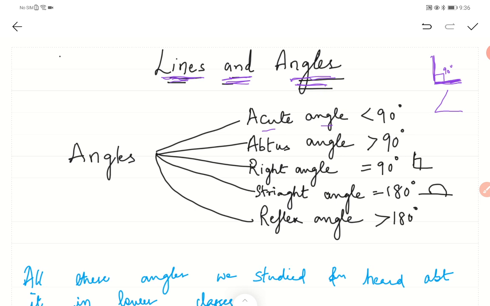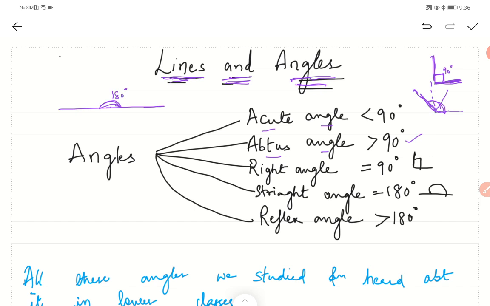And if it is greater than 90 degrees, you call this an obtuse angle. A right angle is exactly 90 degrees. And if you have a straight line and in the middle you take some point, the angle formed here is 180 degrees.